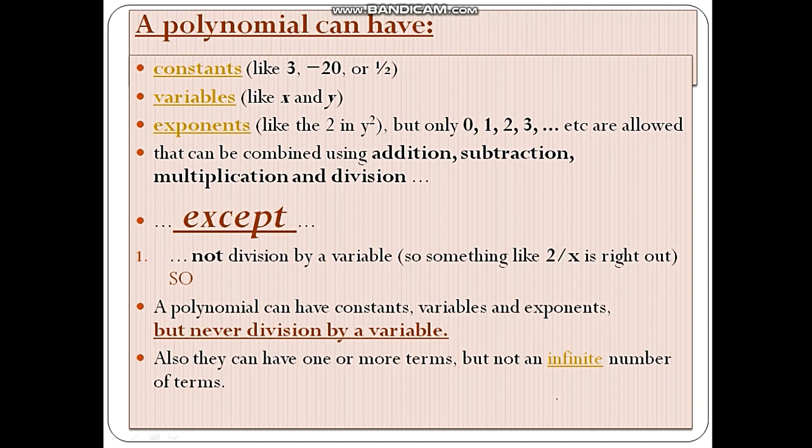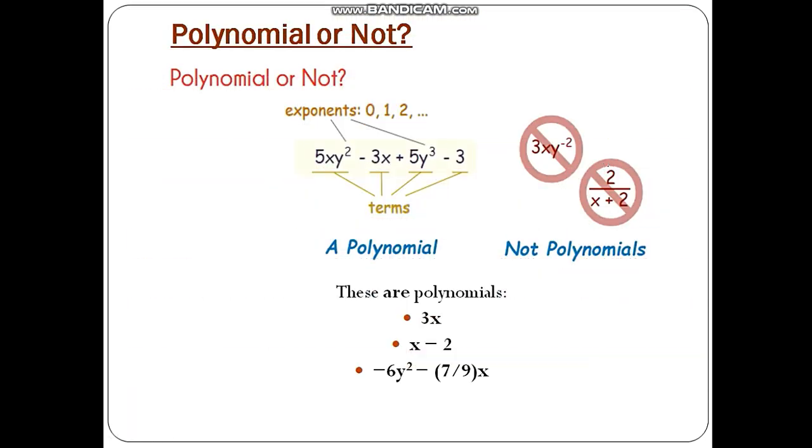Here we have learned what a polynomial is. A polynomial can have constants, variables, exponents, but the variable cannot be in the denominator, or cannot have a negative exponent power. Polynomials or not?